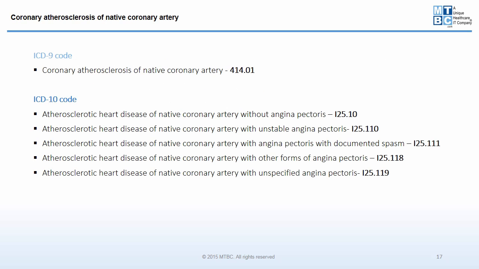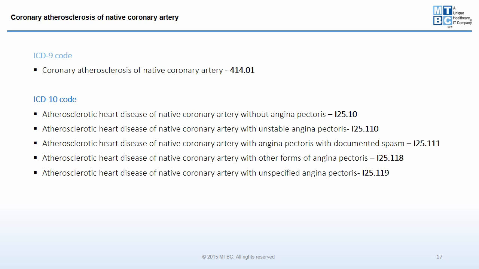Okay, so coronary artery disease, we have 414.01. Now, the ICD-10 code is more specific. That is very basic: coronary artery disease of the native coronary artery. That's all it's telling you. We need to know, is there any angina? Is it without angina, with unstable angina?